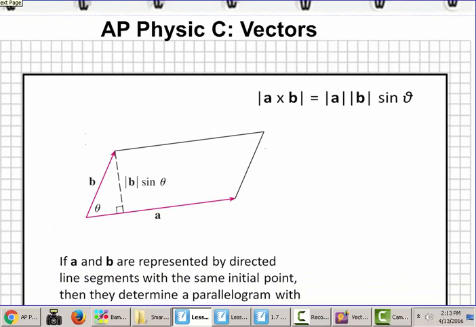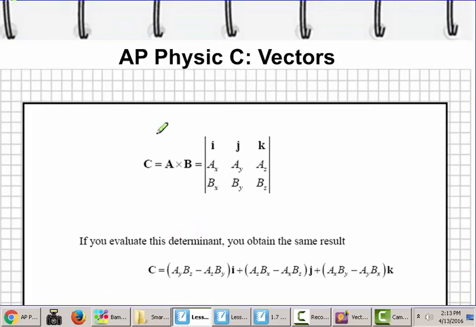Now to do the cross product, I'll get right into a problem here. Basically, you're going to get into what's called the determinant. So to do the cross product of A cross B, I'm going to take my i hat and multiply it by Ay times Bz minus Az times By. That's going to give my i value.